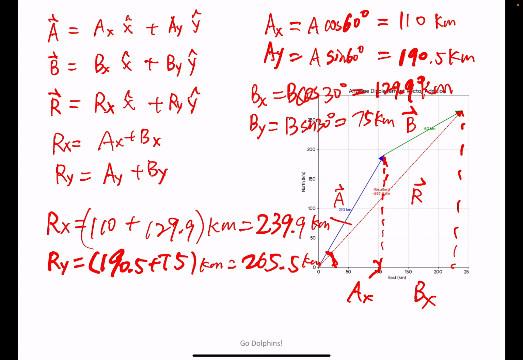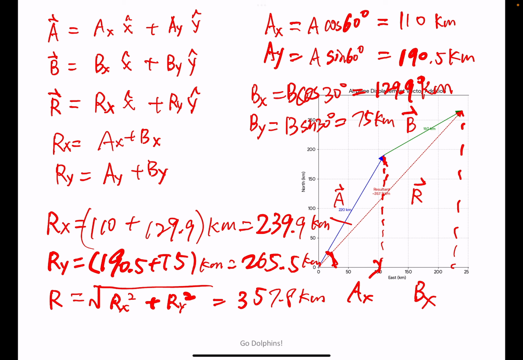265.5 kilometers. So now we can find the magnitude of R by doing Pythagorean theorem, which gives, now put this into calculator, this gives us 357.8 kilometers. And the angle of R would be inverse tangent Ry over Rx. Put it into calculator again.